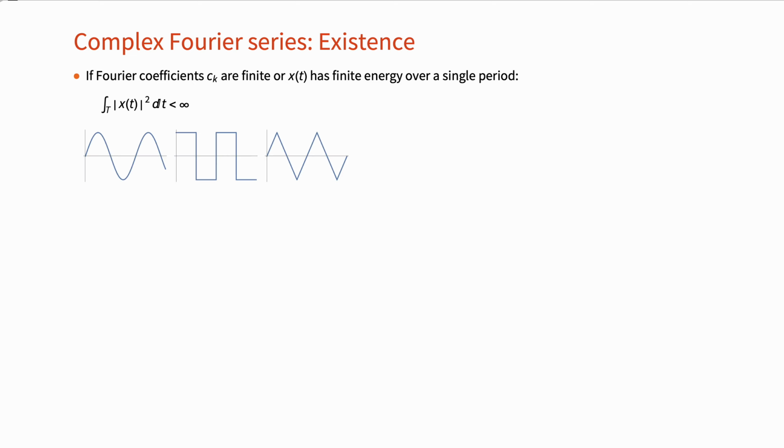These are some examples of signals for which the Fourier series exists. And Fourier series may not exist for signals shown here. In these cases, the number of discontinuities or the number of maxima and minima, as you see, is not finite. And so the integration in the definition of Fourier series coefficients will not converge to a finite value.